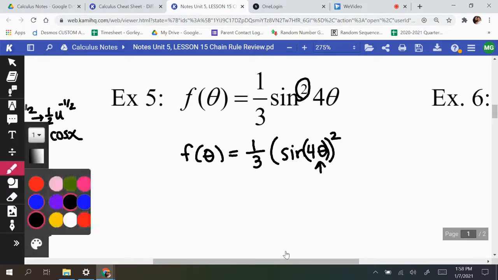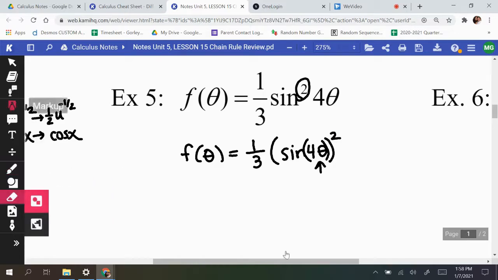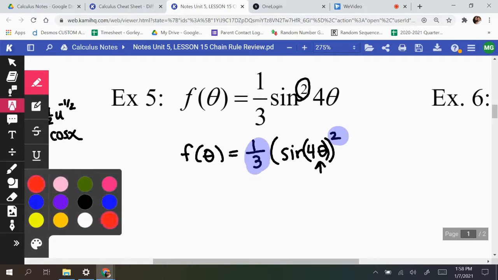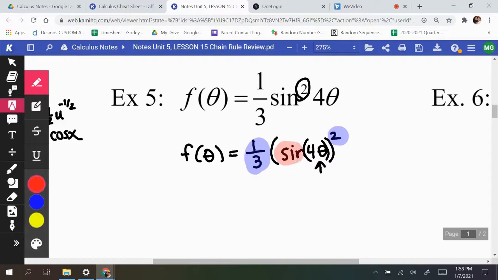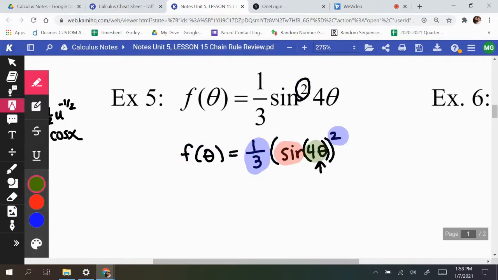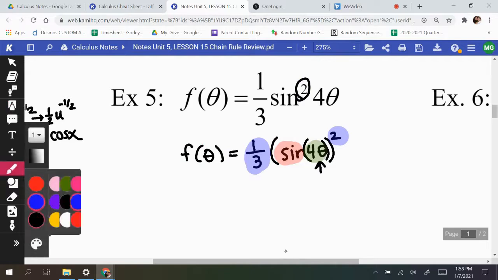My outermost layer is going to be, let me go ahead and highlight it, squaring and multiplying by that 1/3. That's my outermost layer. Then we've got our secondary layer, which is sine. And then we've got our innermost layer, which I'll do in green. That's going to be our 4 theta. Okay, so 3 layers.